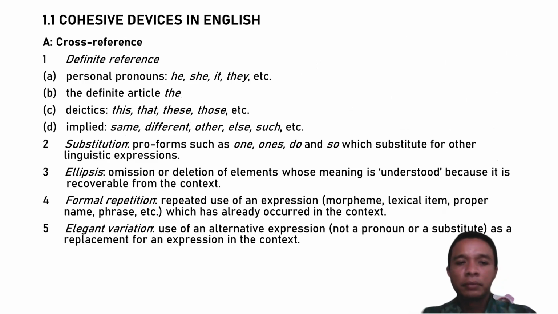Next, cohesive devices in English. A. Cross-reference. 1. Definite reference. A. Personal pronouns, for example, he, she, it, they, etc. B. The definite article, for example, the.